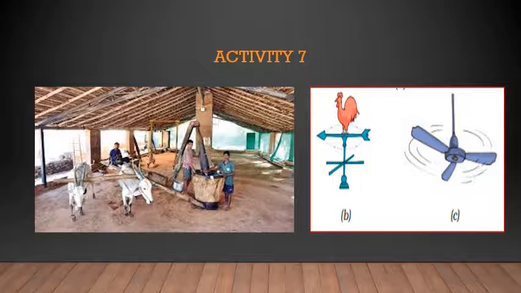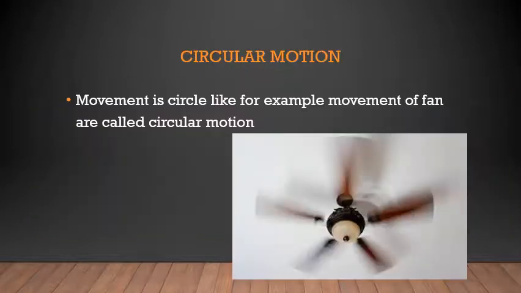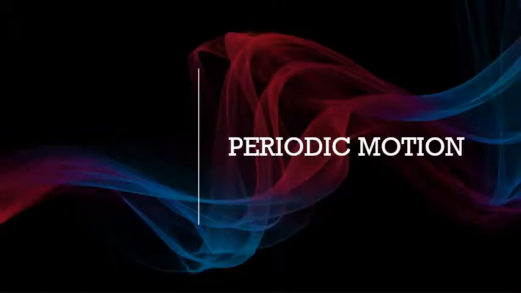The motion of the point marked on the blade of an electric fan or the hands of the clock are examples of circular motion. What is circular motion? Movement in a circle, for example, movement of a fan. It is called the circular motion. The electric fan or the clock by themselves are not moving from one place to another, but the blades of the fan rotate, and so do the hands of the clock.